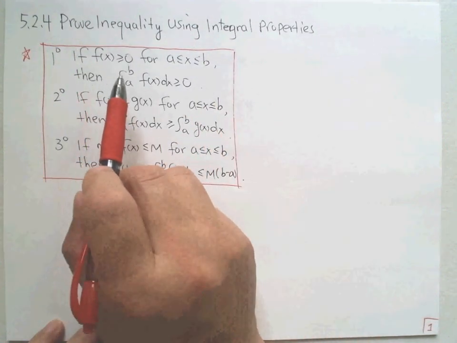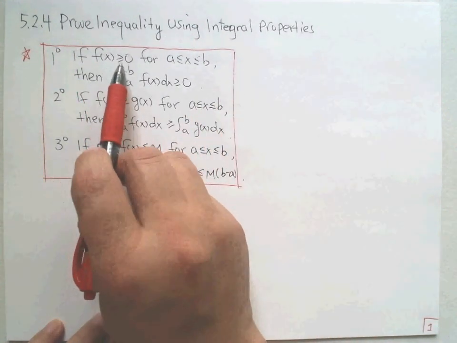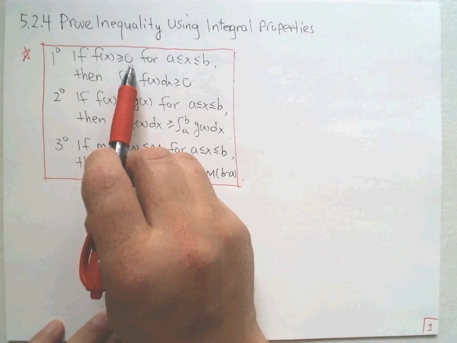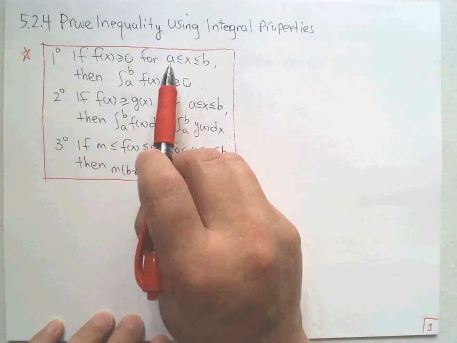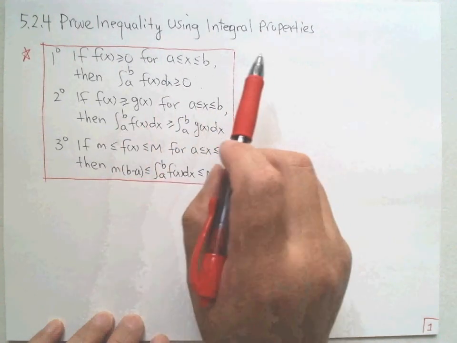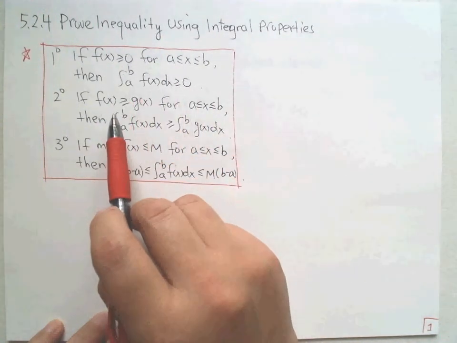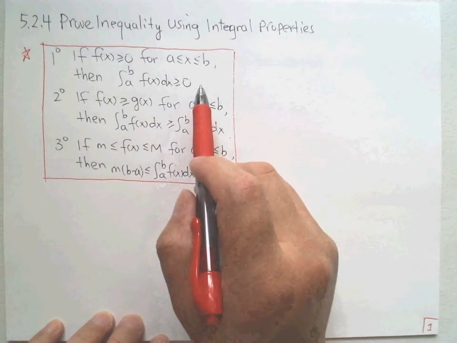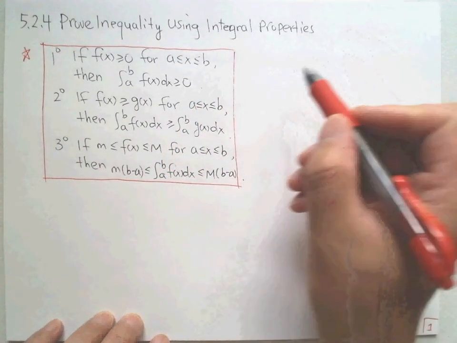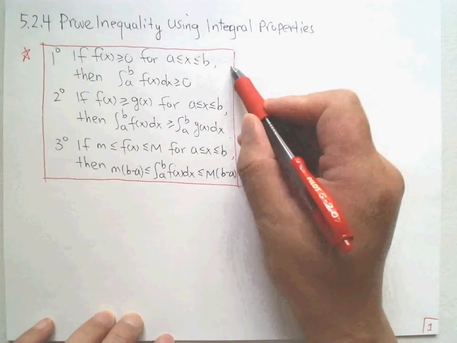If f is a non-negative function, f(x) greater than or equal to 0, for the domain x between a and b, then the integral, or the area under the curve, is non-negative. That's definitely right. So I show an example like this.